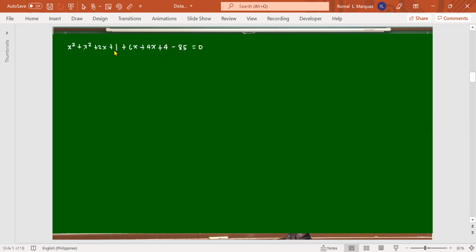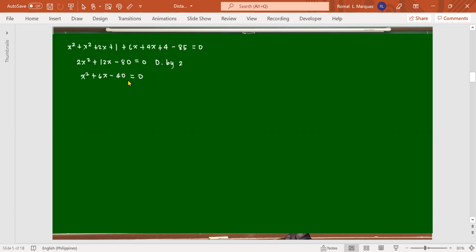Am I right, guys? So simplifying by collecting similar terms, we have 2x squared plus 12x, then minus 85 equals 0. So divide by 2 to get x squared plus 6x minus 40 equals 0. The constant, this is 80, no? So divide by 2, minus 40 equals 0.